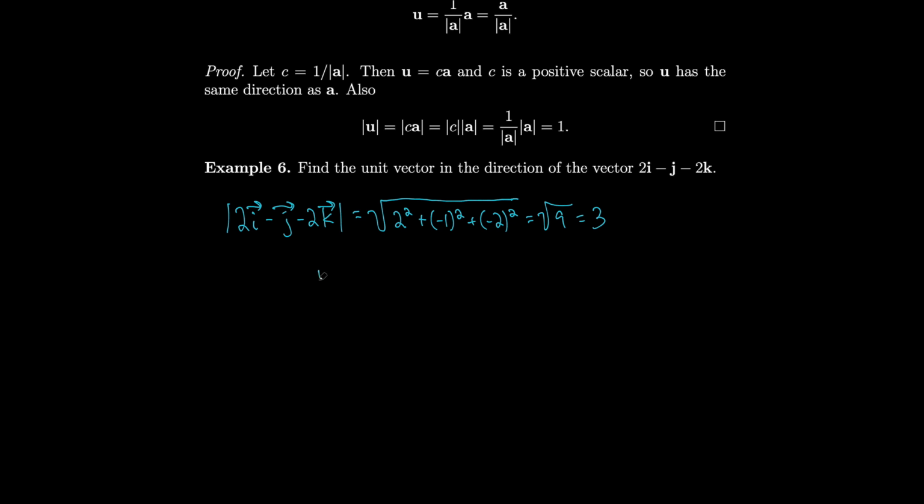So that means we just have to multiply by 1/3. We just divide by 3, and we'll have the unit vector version of our vector 2i minus j minus 2k. So that means that our unit vector is 2/3 times i minus 1/3 times j minus 2/3 times k. And you could try taking the length of this vector and you'll see that it actually is 1.